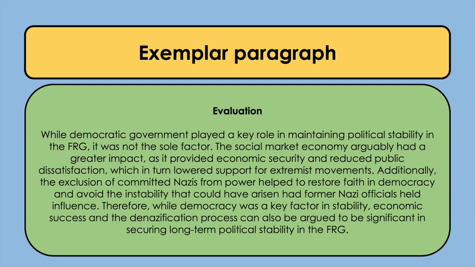Additionally, the exclusion of committed Nazis from power helped to restore faith in democracy and avoid the instability that could have arisen had former Nazi officials held influence. Therefore, while democracy was a key factor in stability, economic success and the denazification process can also be argued to be significant in securing long-term political stability in the FRG.